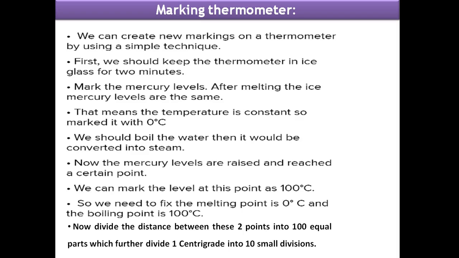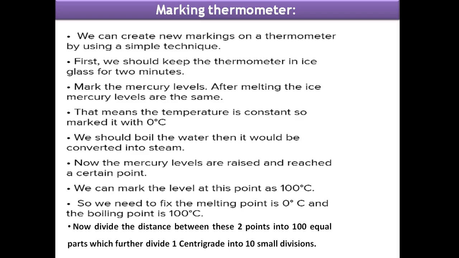So we need to fix the melting point as 0 degrees C and the boiling point as 100 degrees C. That means on our thermometer we now know 2 points: one is 0 degrees C, and the upper one is 100 degrees Celsius or centigrade. Now divide the distance between these 2 points on the thermometer into 100 equal parts. Each of the 100 equal parts represents 1 degree Celsius.